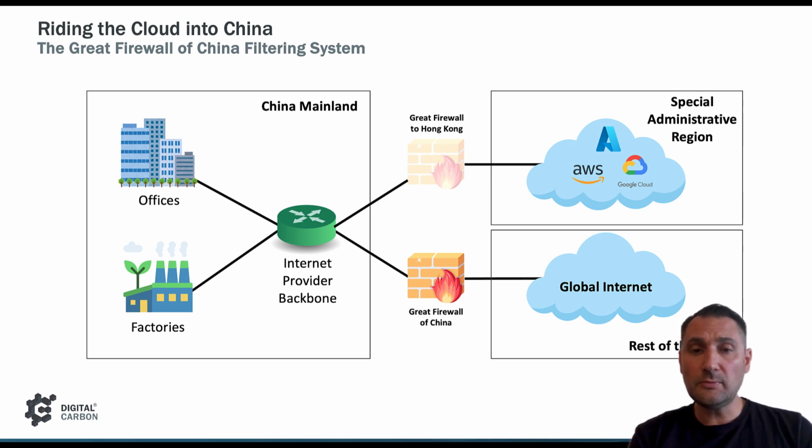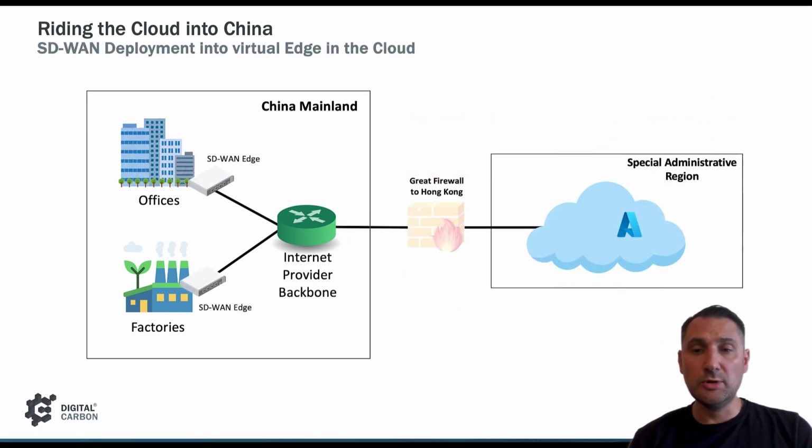So how do we actually do this? Well, in this particular example, we're going to be utilizing the Microsoft Azure network. We basically install SD-WAN edges within our remote locations, within our offices, within our factories. We also connect to the local internet providers.